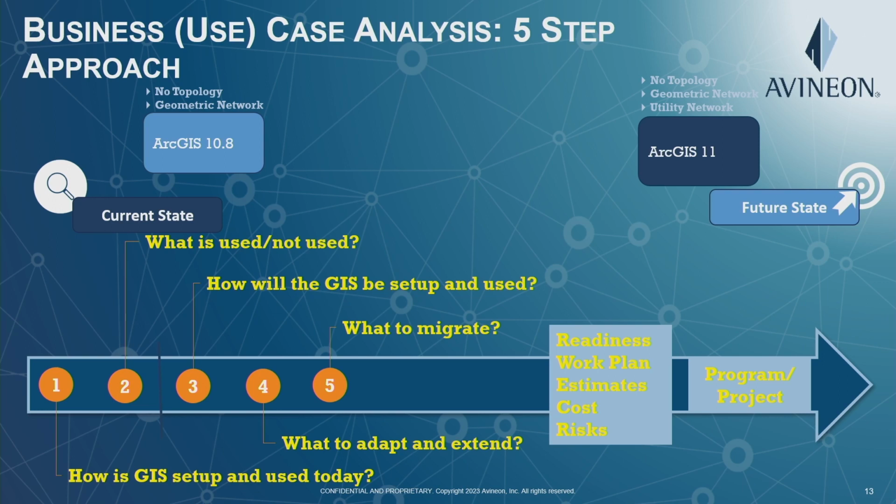Do you need to continue maintaining that? Or is it something that you have an integration with CityWorks or another system and it's being used all day, every day? And then, of course, as you're planning for change, how is GIS going to be set up and used? And what needs to be adapted to get to that future end state?